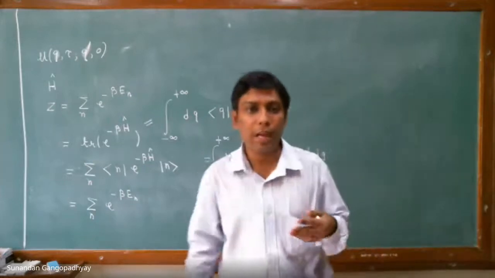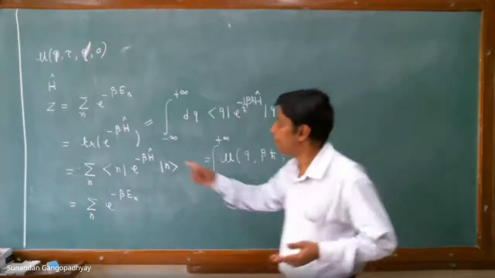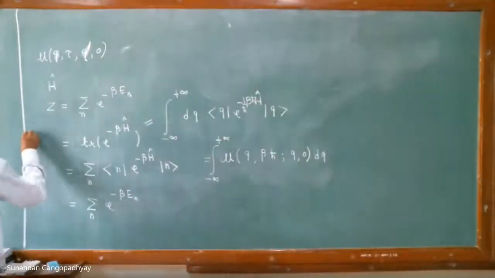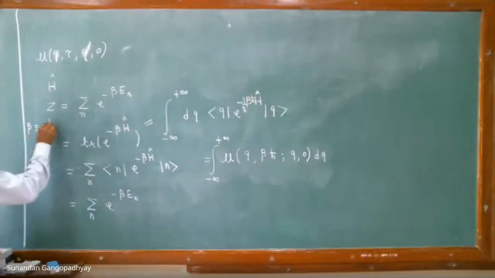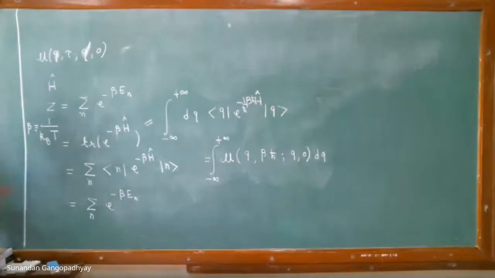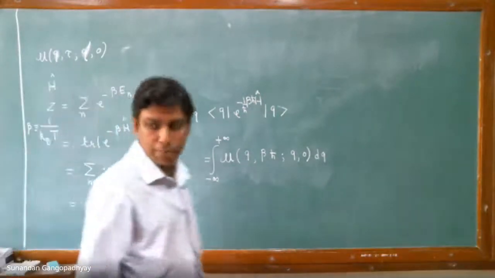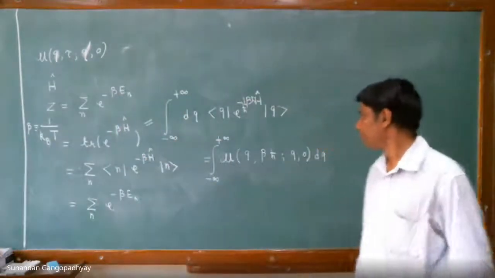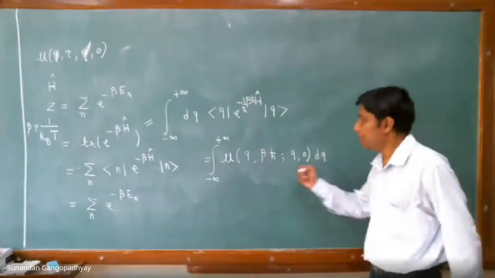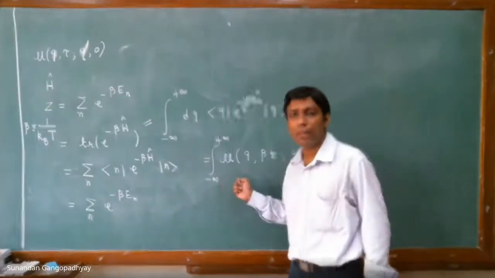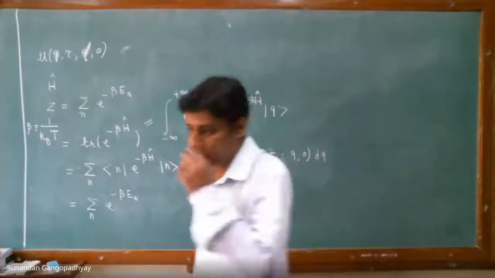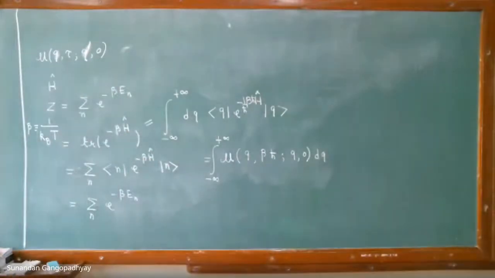So in place of time, we have a beta h bar, and what is beta? By definition, this beta is 1 by kBT. K is the Boltzmann constant, and T is the absolute temperature.